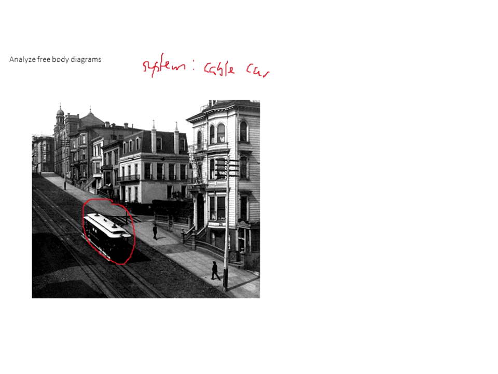In this case, there's going to be the gravitational pull of the Earth on the car, the contact push of the ground on the car, the force of the cable on the car, and then a little bit of friction.